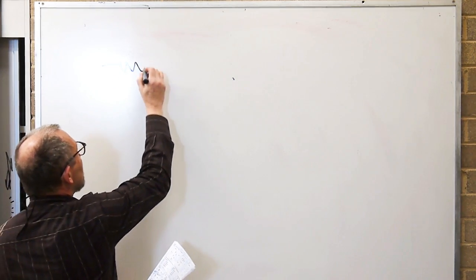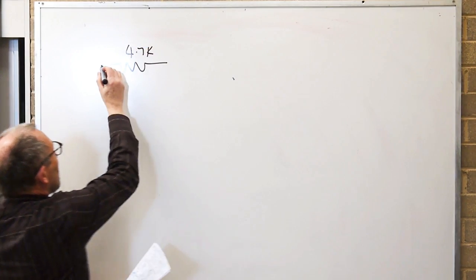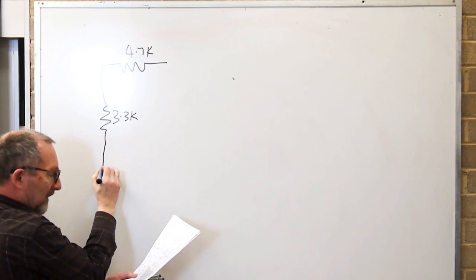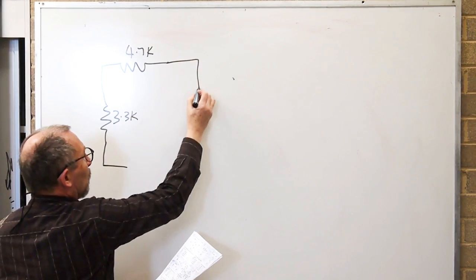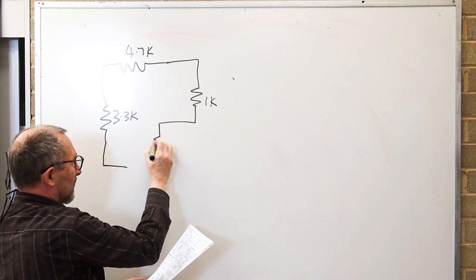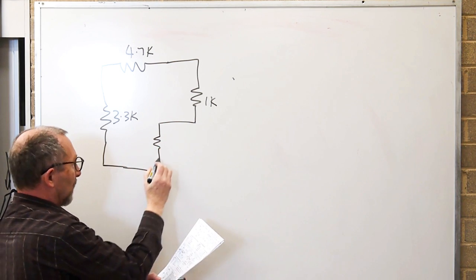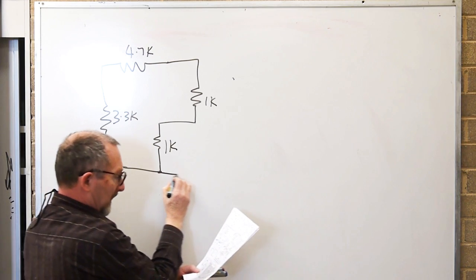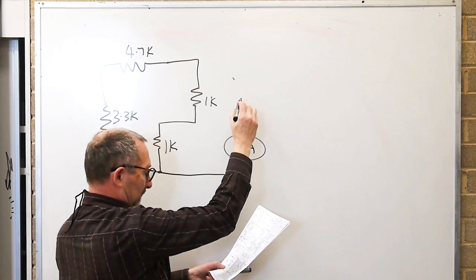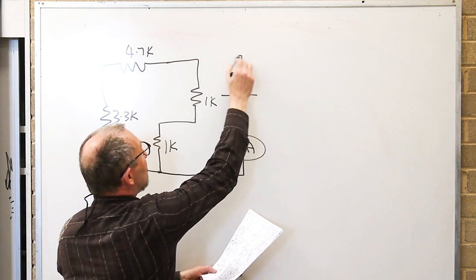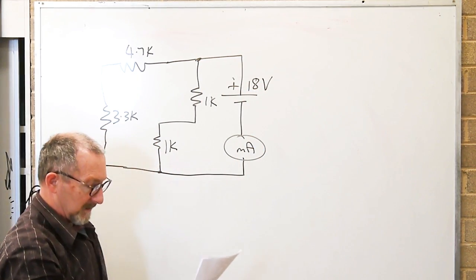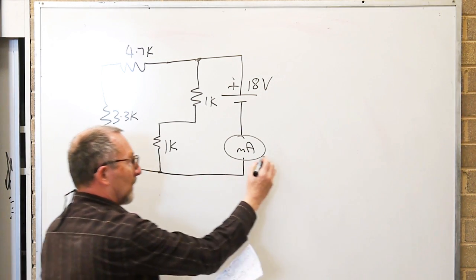Had a 4.7K resistor here, a .3K resistor down here, drawn a bit weird, a 1K resistor here, and another 1K resistor here, and you had a milliamp meter, and then you had a supply voltage of 18 volts in this case. And the question says the current showing on the meter will be.